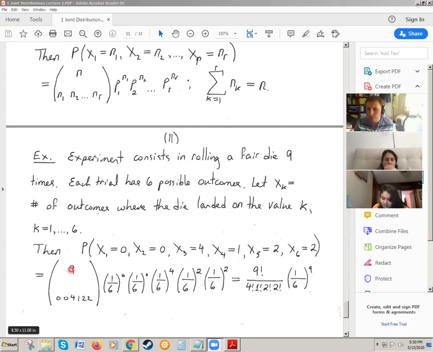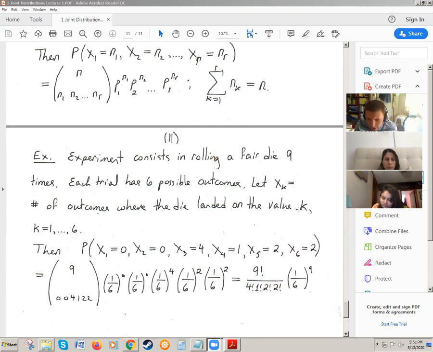So it's like assigning each toss of the die to a destiny. So 0 are assigned to outcome of type 1, 0 to outcome of type 2, and onwards, right? So that amounts to simply 9 factorial over 4 factorial, 1 factorial, 2 factorial, 2 factorial times 1 over 6 to the 9th power.